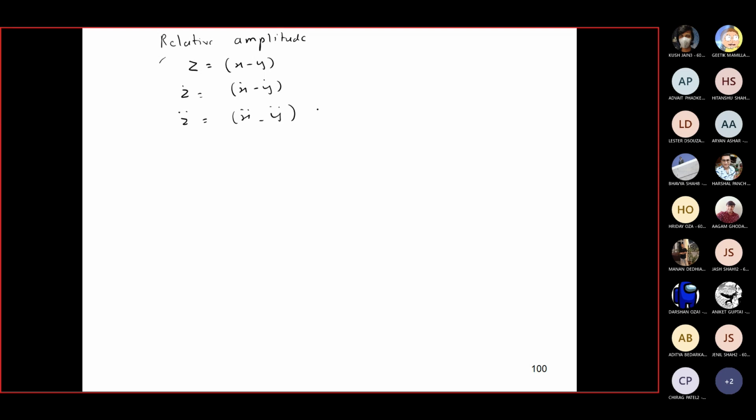All right. Therefore I can rewrite this: x double dot is equal to z double dot plus y double dot. Okay. Now the equation for the support excitation is m x double dot plus c (x dot minus y dot) plus k into (x minus y), and this is equal to 0.